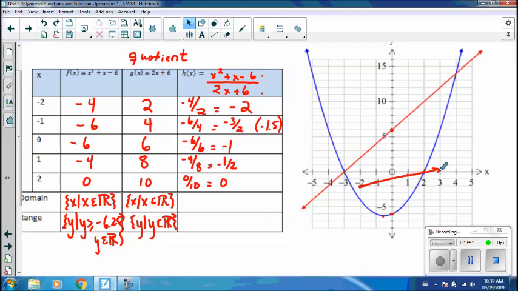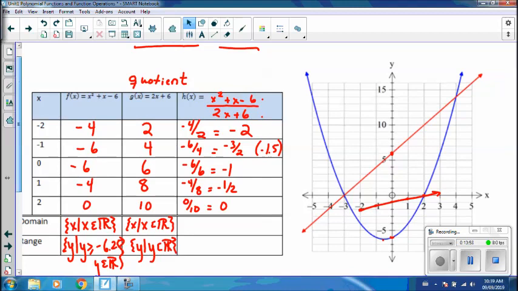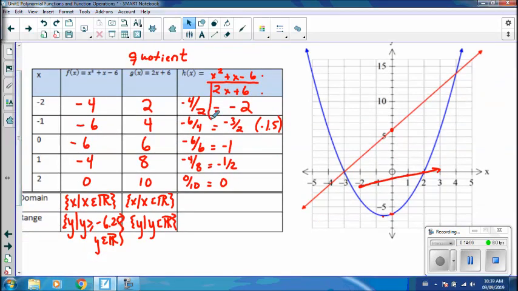With one condition here, one thing to think about that's a little bit different. Because I'm dividing, and now I have a 2x plus 6 in the denominator, that means I'm going to have a non-permissible value. So if I think, what value can I not put in there for x?